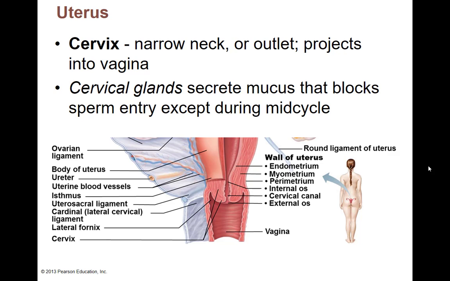It will block sperm from getting up into the uterus except around the days that ovulation happens. Otherwise, really what this mucus is trying to block is bacteria from getting up in there. It will block sperm, but it also is really trying to block any type of bacteria from getting up into the uterus and your upper reproductive tract and possibly causing some type of infection.